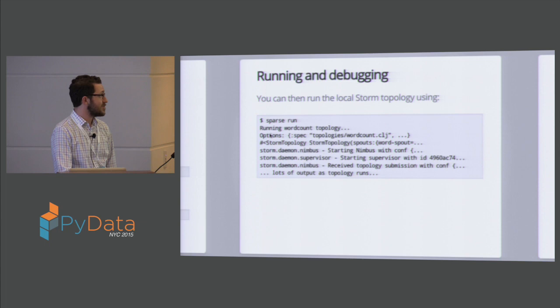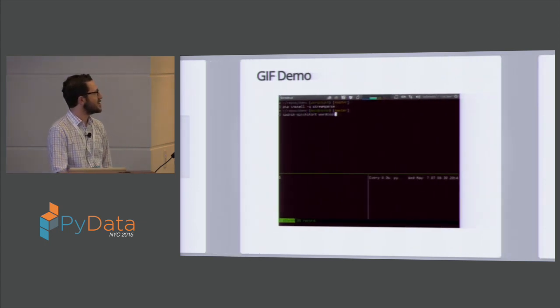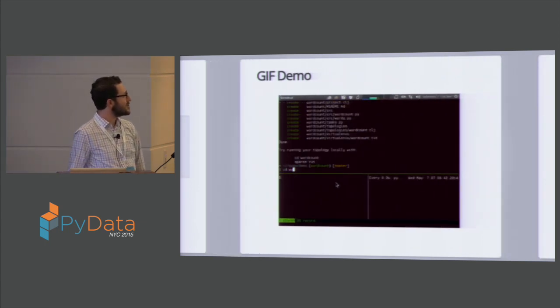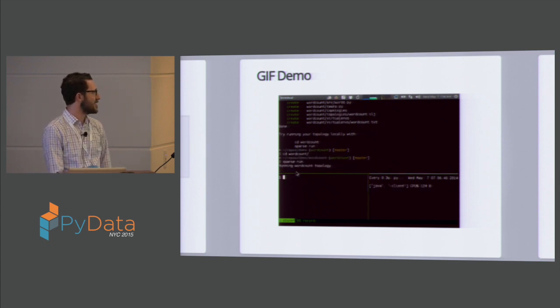You'll see a ton of debug output. We can see an example of this over here in a GIF. It's a little hard to see, but basically, they ran sparse quickstart. They're running it.